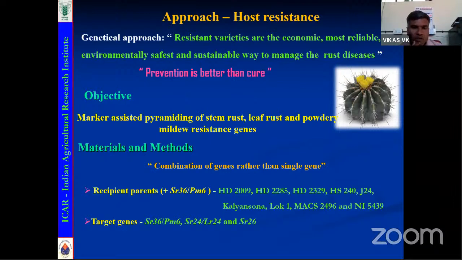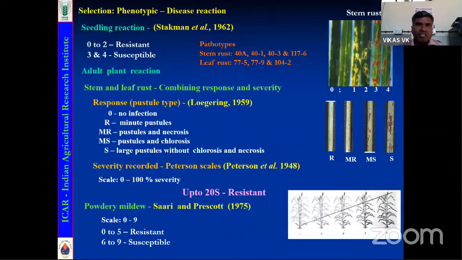We have used SR24, which is linked to LR24 and is still giving resistance, and SR26, which is now getting popular among wheat geneticists because it is highly resistant to Ug99. With this approach, we have gone for two selections.